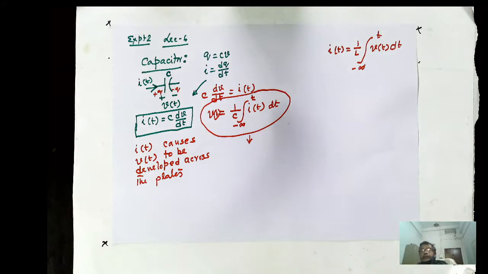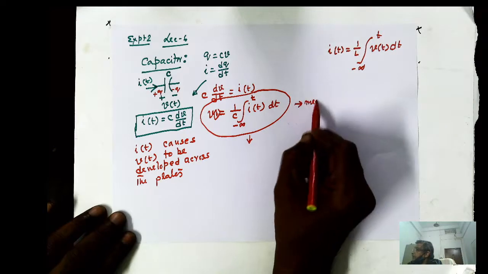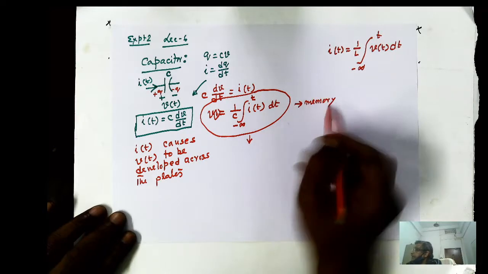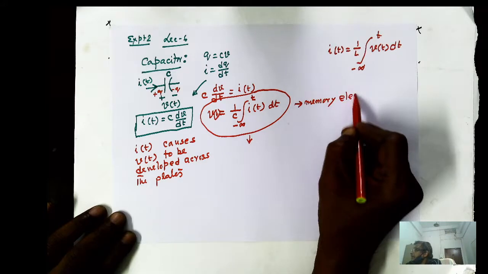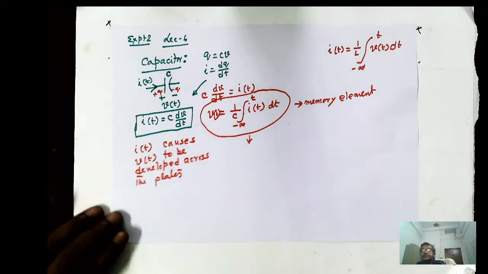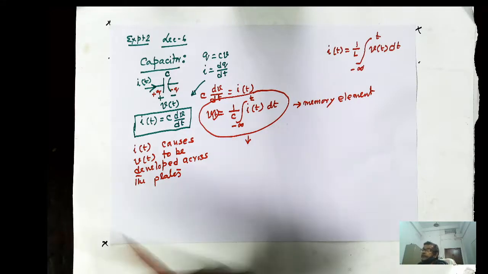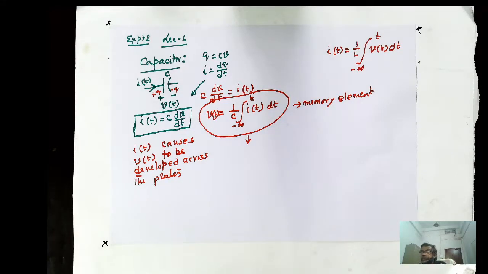So it is a memory device. A capacitor is a memory element, because the current value of the voltage across the plates depends not only upon the present current i(t), but also on the previous currents that the capacitor was asked to carry till time t. So all the currents are involved.